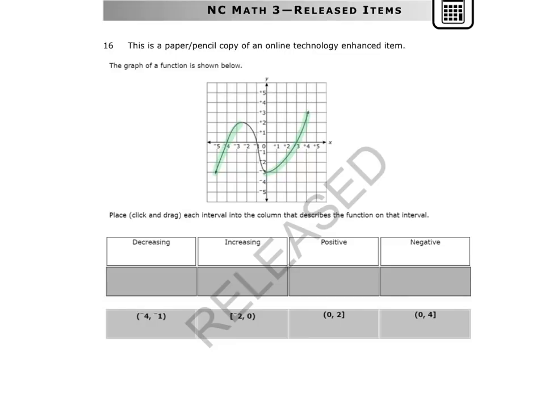I need to look at these intervals that I've got. I'm decreasing on this curve, and that would be from like what? Negative 2 to 0.